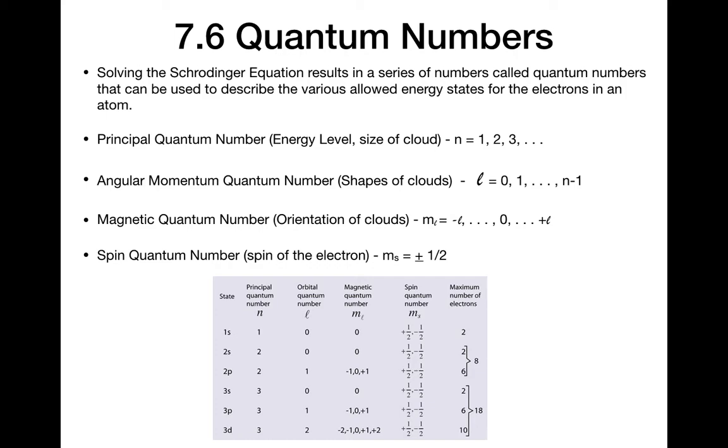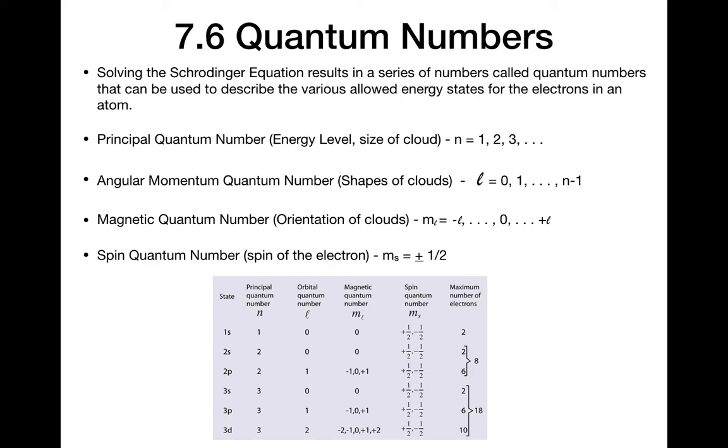The third quantum number, m subscript L, or m sub L, is the magnetic quantum number. It deals with the orientation of the clouds. The m sub L quantum number can be any number between negative L and positive L. For the S sublevel, L equals 0, so there's only one orientation, 0.